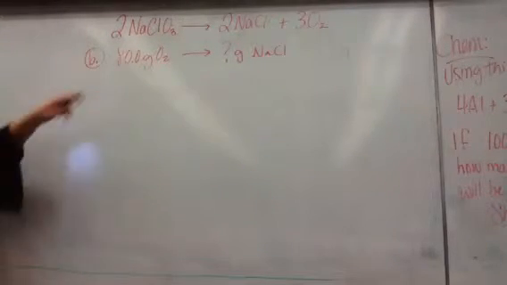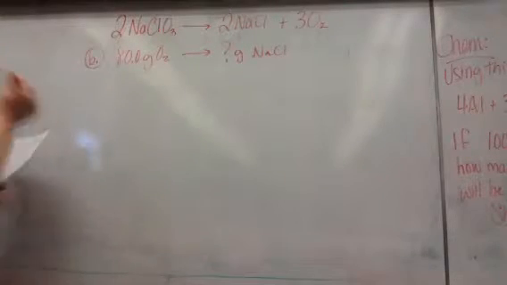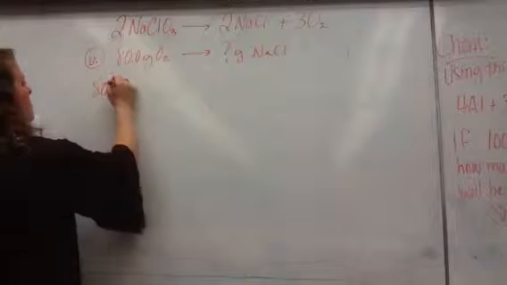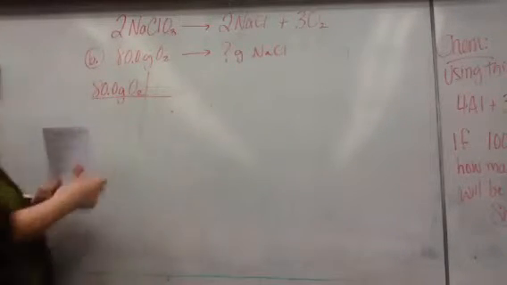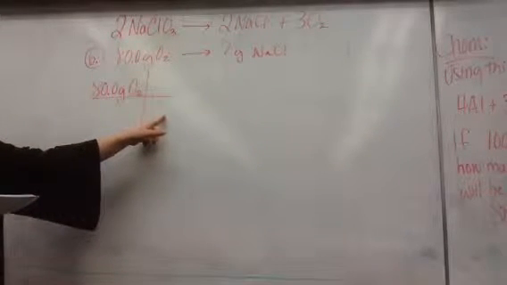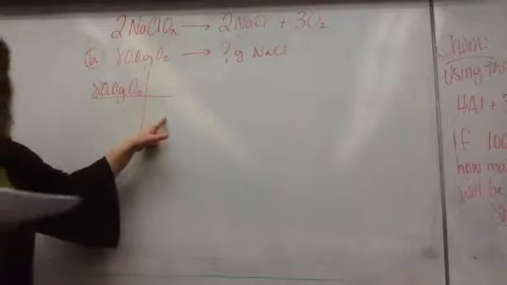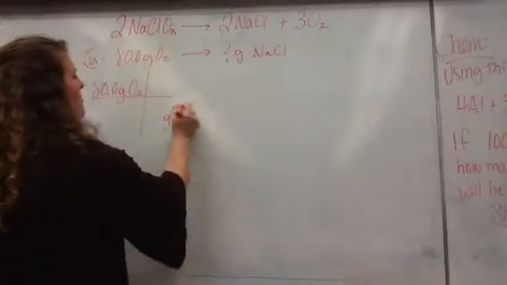So if we're starting off with grams of O2, what goes in our first box? 80 grams of O2. Okay, what units, what chemical down here to cancel? Grams of O2 is our chemical here.